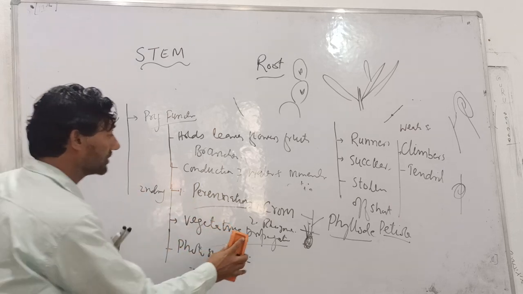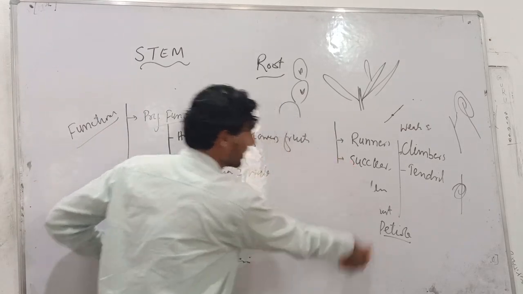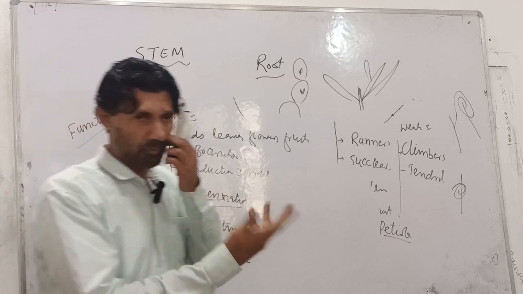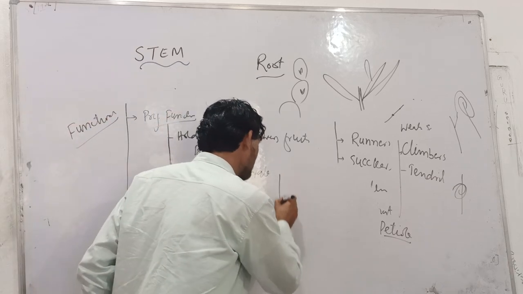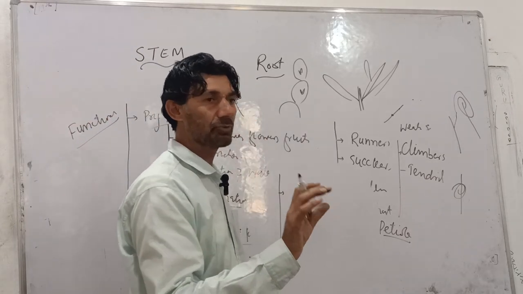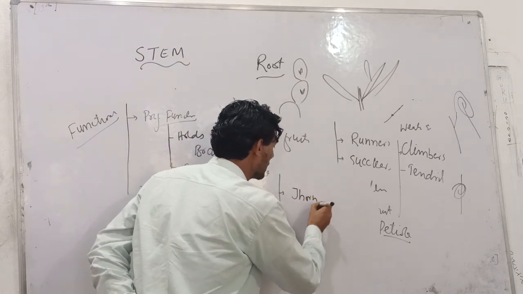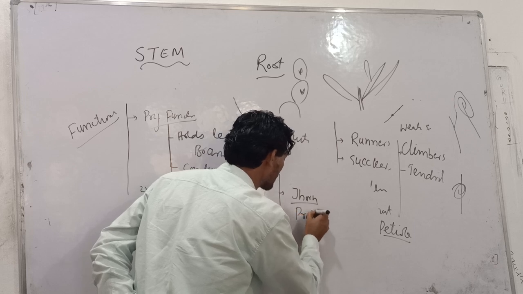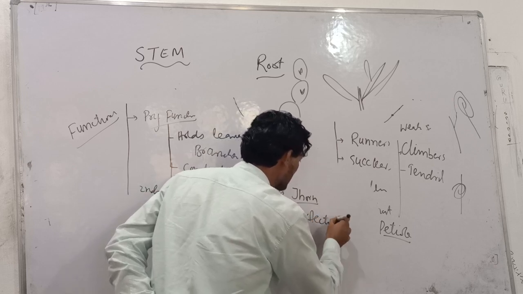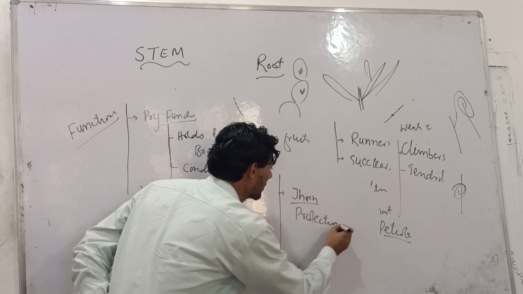Another function is protection from grazing animals. When the stem is modified into thorns, the plant is given protection from grazing animals.